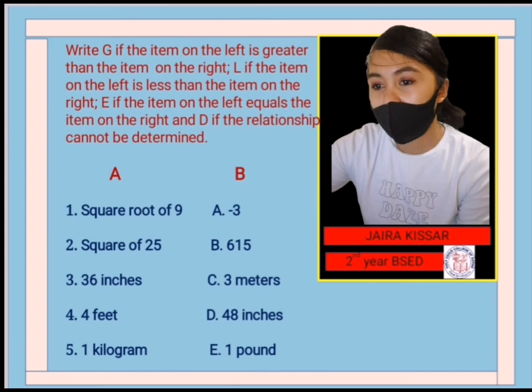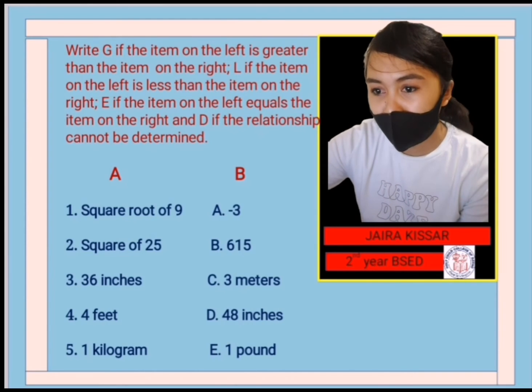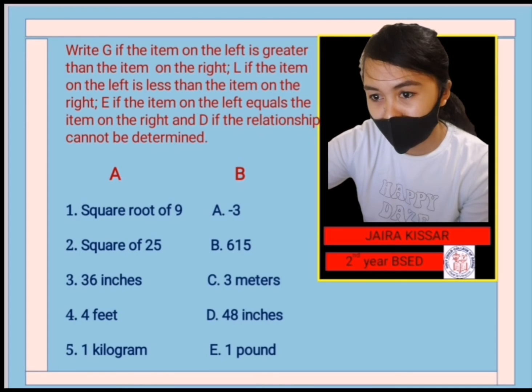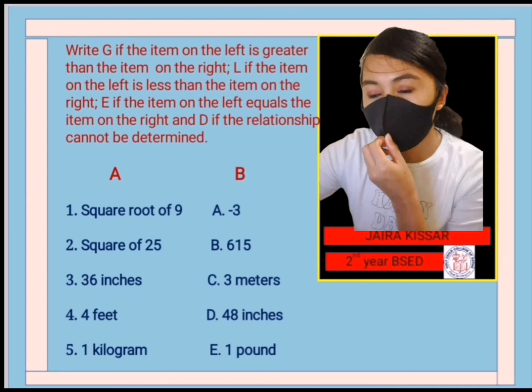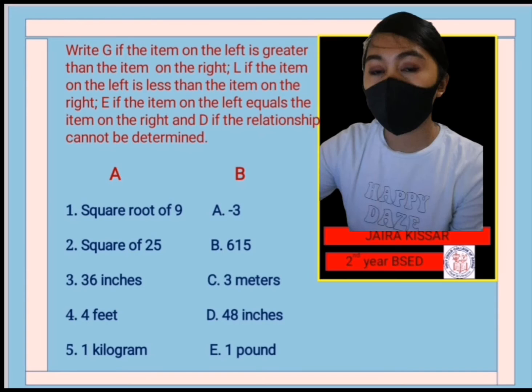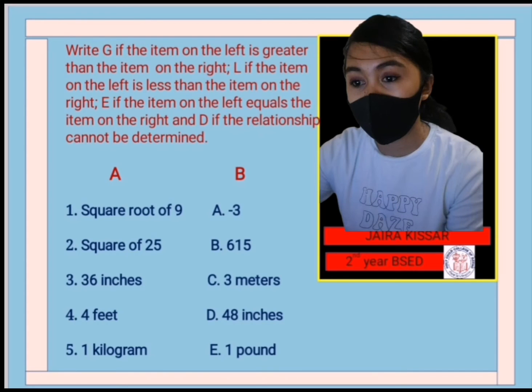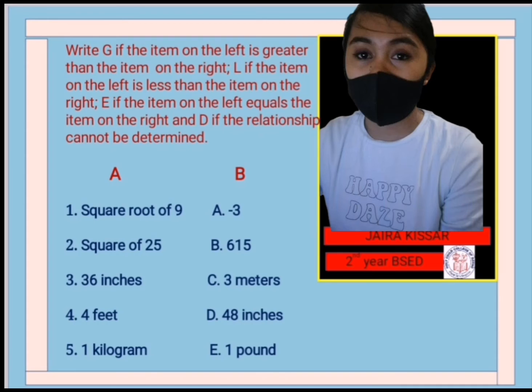Next is another example of completion type of test that measures higher order thinking skills.